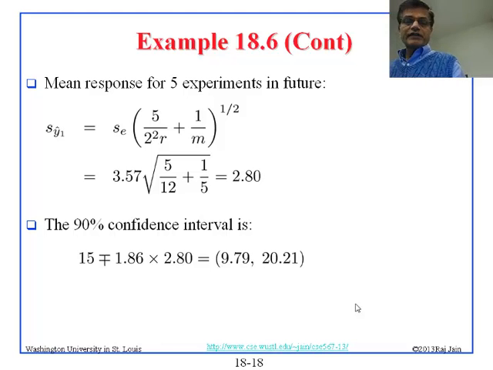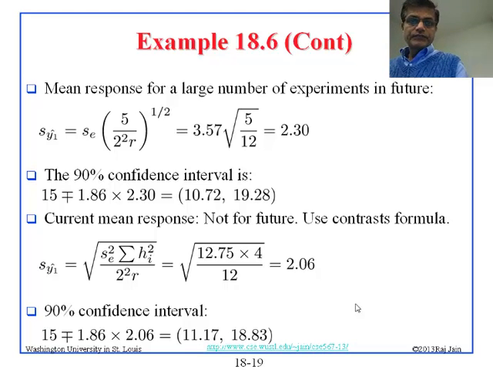So the mean of 5 will lie in that interval 90% of the time. If you are just going to take a large number of observations, not 5 more, then your confidence interval will be this much, and so on and so forth. You can keep going.